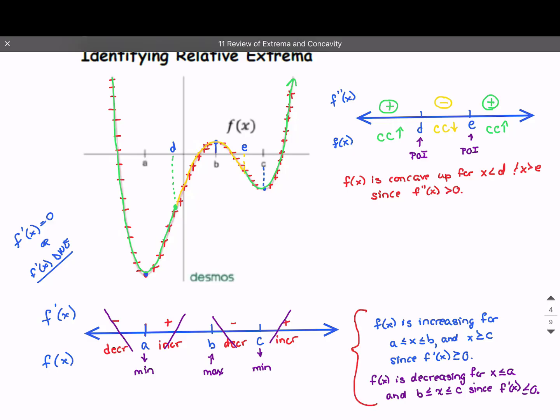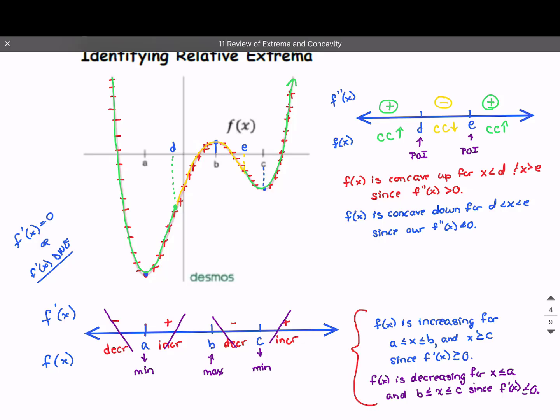Notice we are not including the critical point of the second derivative here. We can also say that f of x is concave down for D less than x less than E, since our second derivative is less than 0.